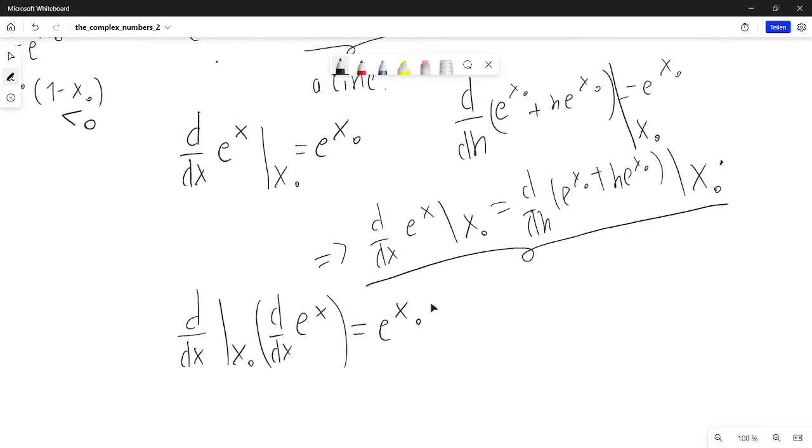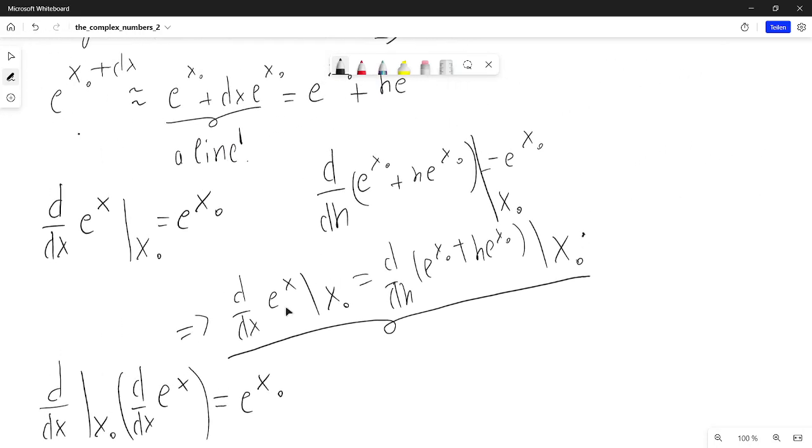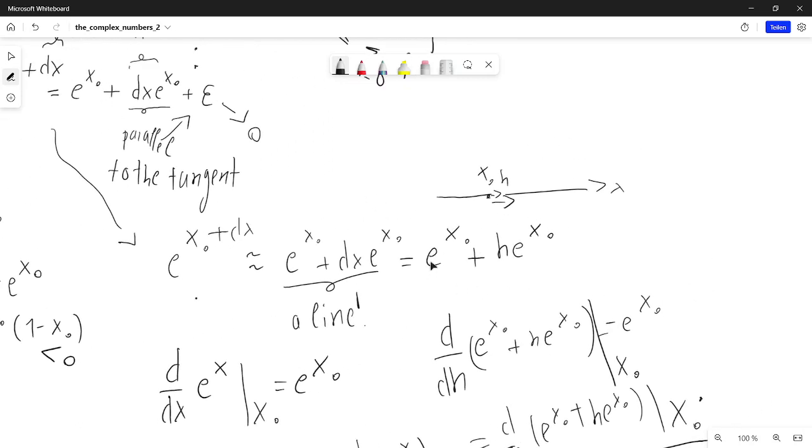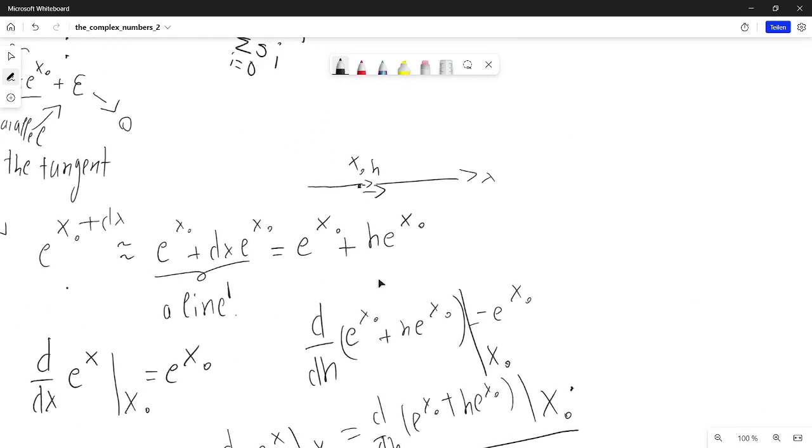Well, you could wonder, what type of function should it be? Well, this was a line, right? And it's kind of natural to continue in the polynomial way.